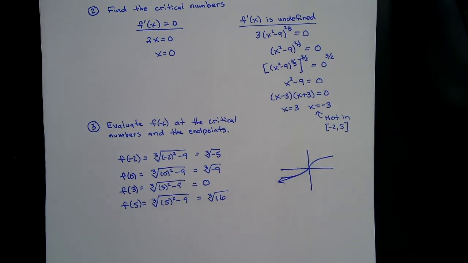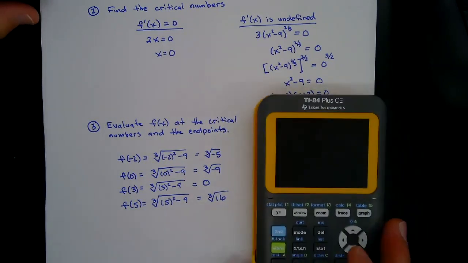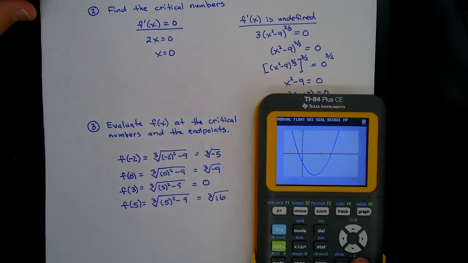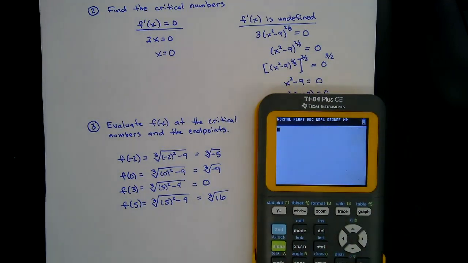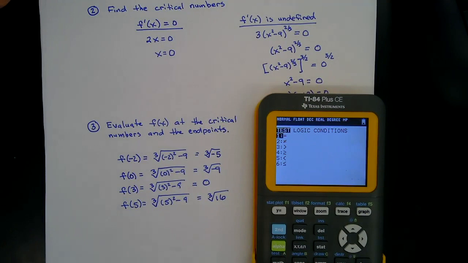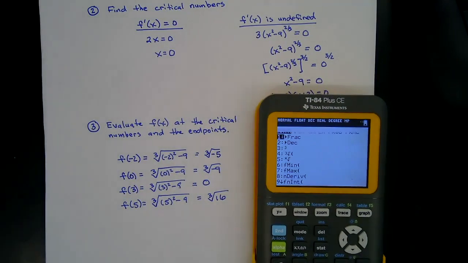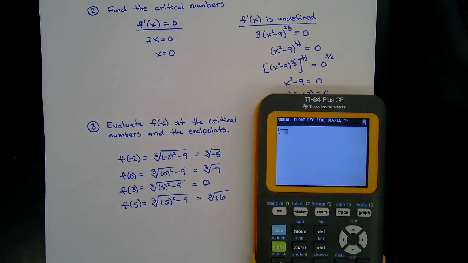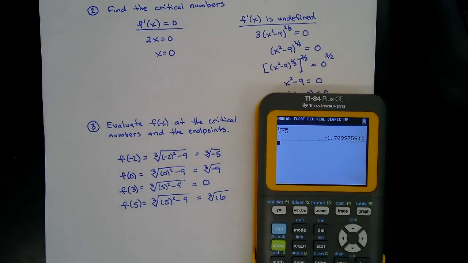Now, with a calculator, we can put that in, and it'd be the cube root, okay? So clear all that out. And then if I press math, and press alpha and go down to number 4, that's the cube root of -5, and that would give me -1.710.